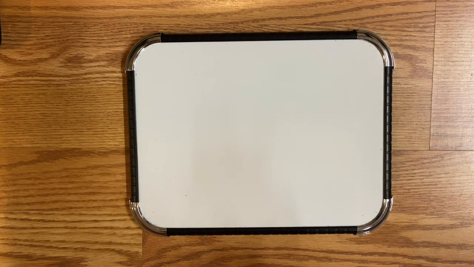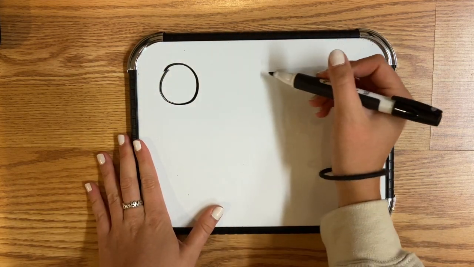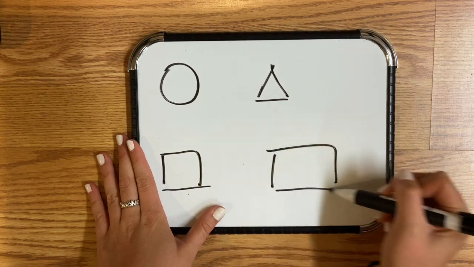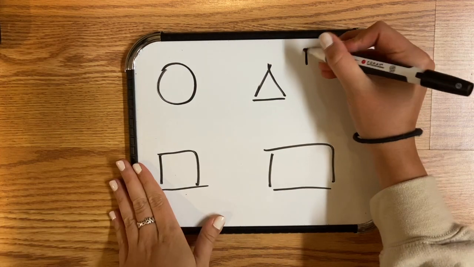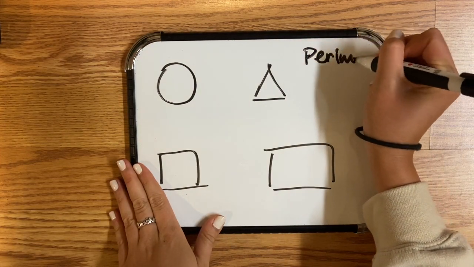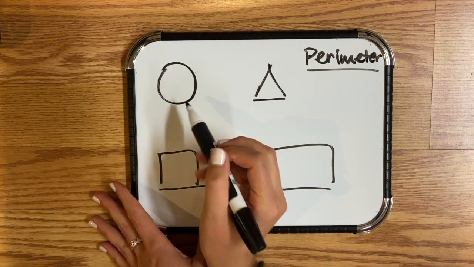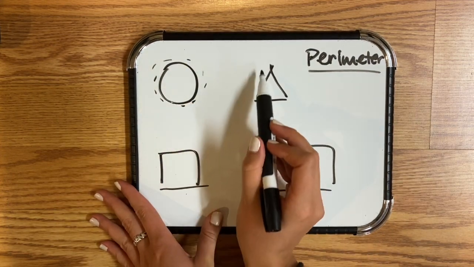Some really common shapes we know are the circle, triangle, square, rectangle, and so on. And when we're talking about perimeter, it's basically how long the length of the shape is total.